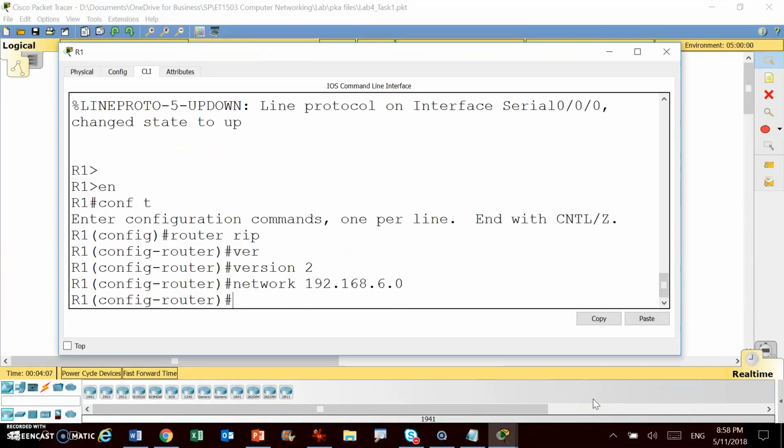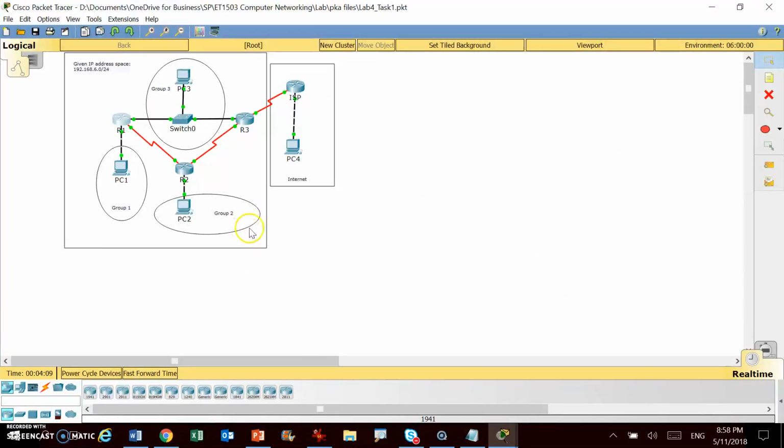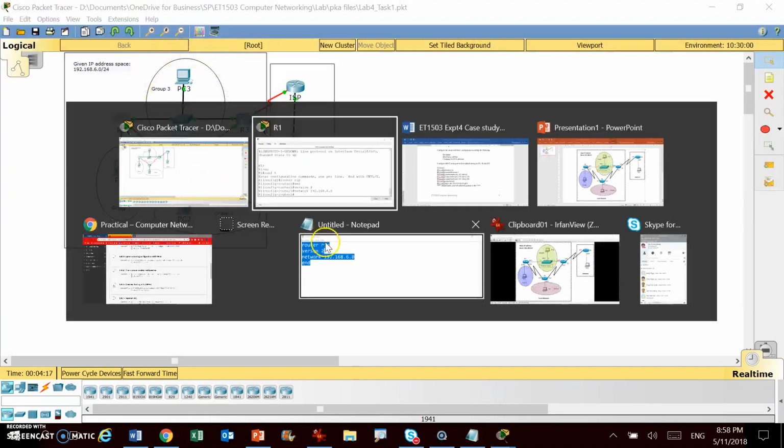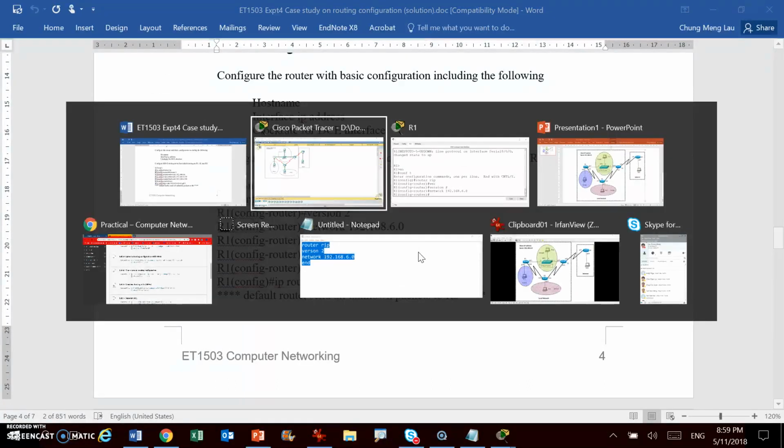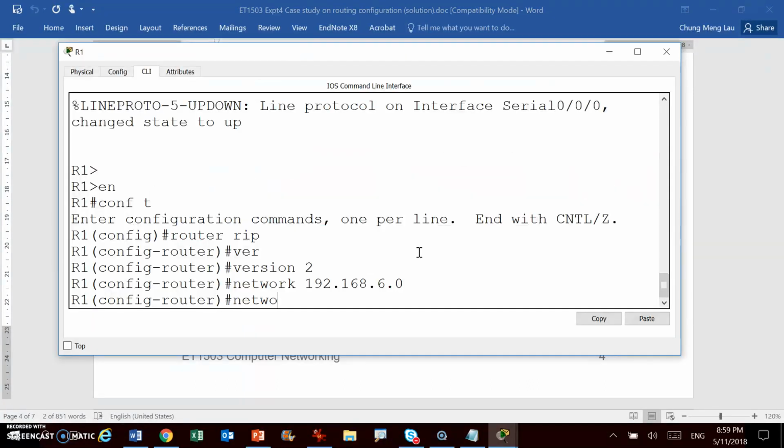Let's advertise the second network. The second network is for this network over here, the group 3 network. Group 3 network will be 192.168.6.128.